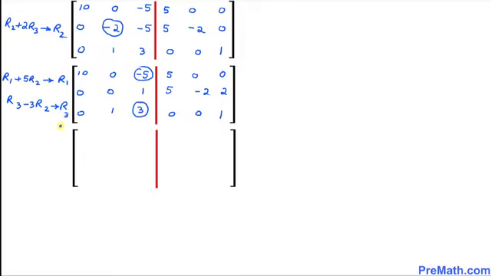R3 means row 3. So now if we perform these operations, we're going to get 10.